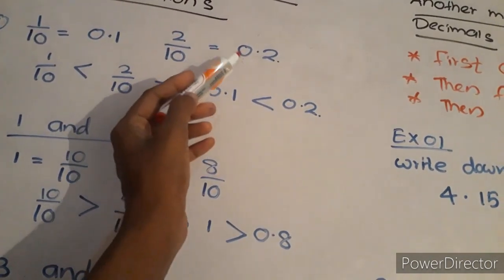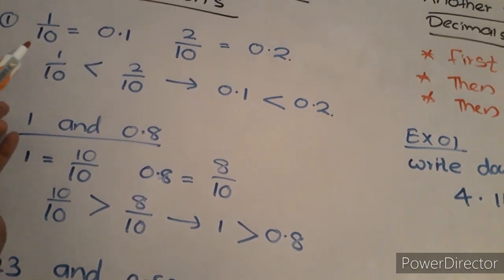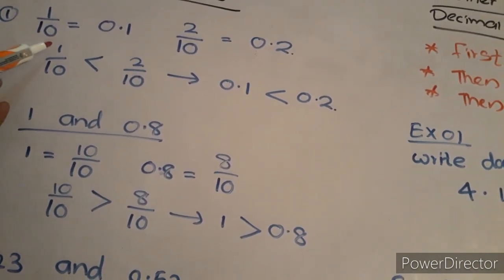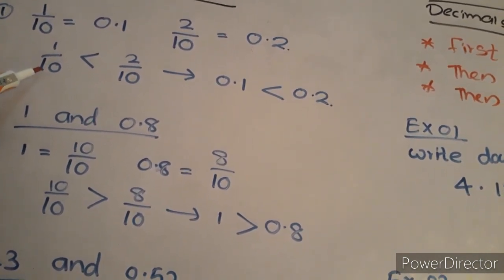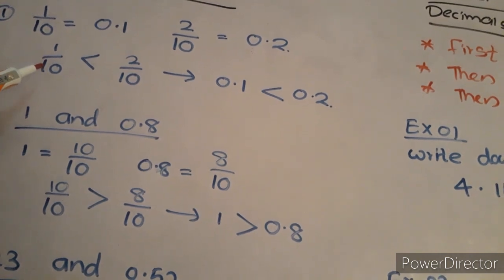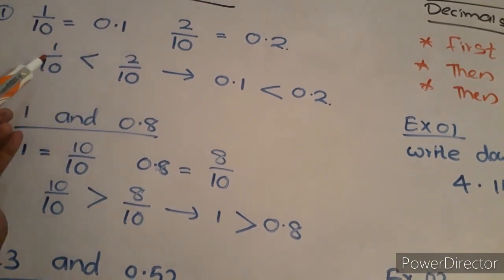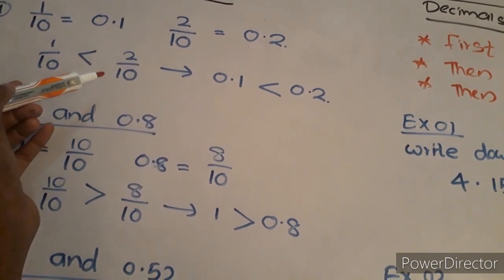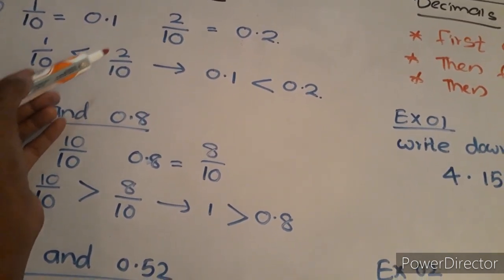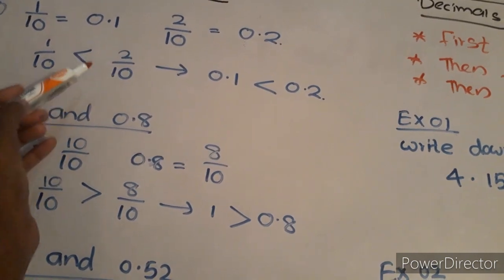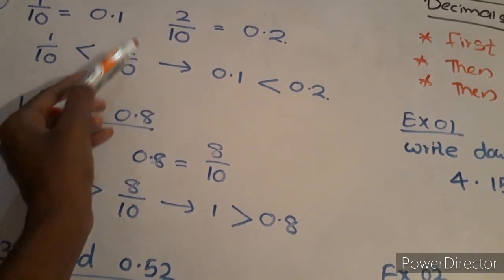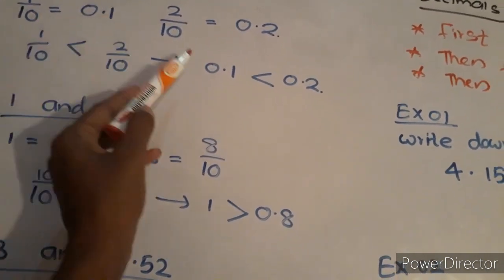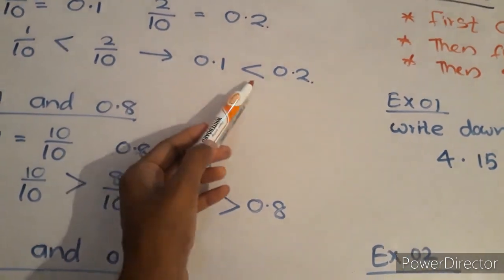We already know 1 upon 10 is smaller than 2 upon 10. So what is the greater? Greater is 2 upon 10. After we compare the fractions, we can write the decimals the same way.